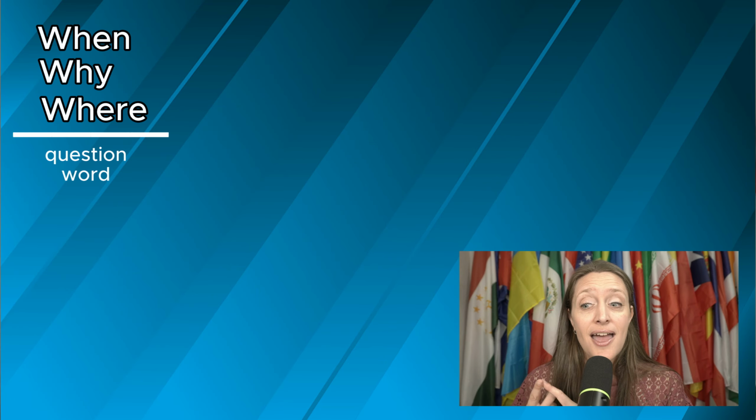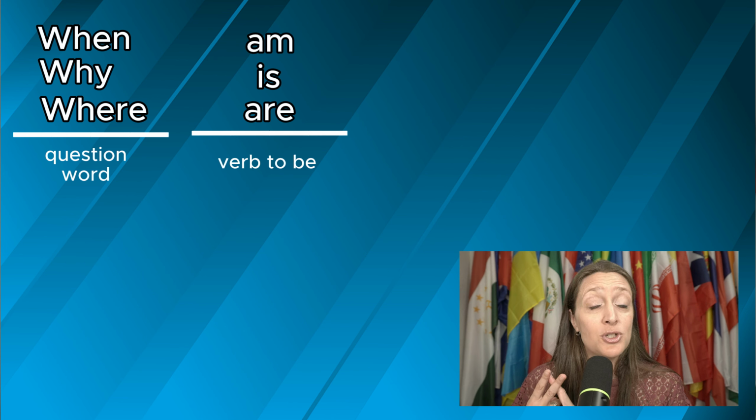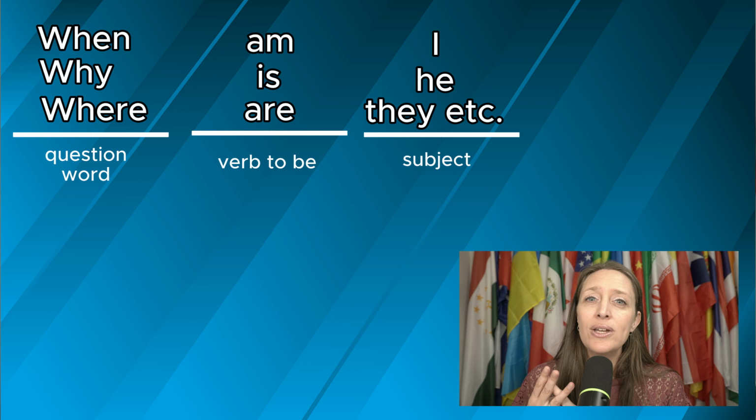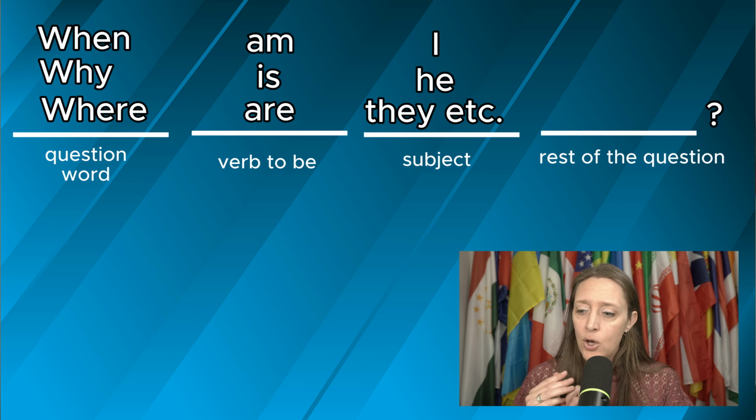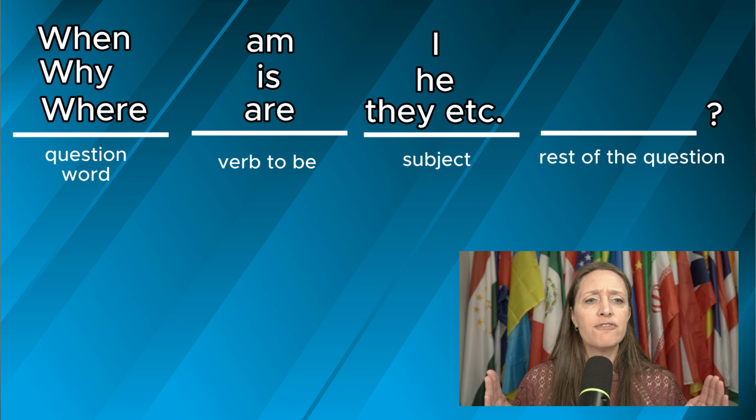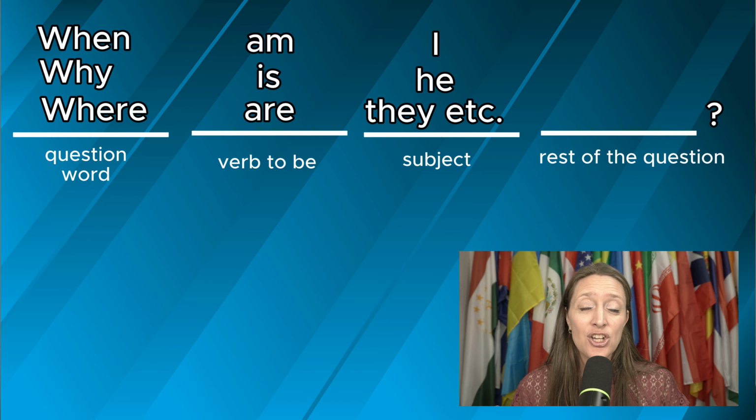So, number one, the question word. Number two, the verb to be. Number three, your subject. We didn't change anything from the order of the yes or no question. We're just adding an extra question word at the beginning of the question.